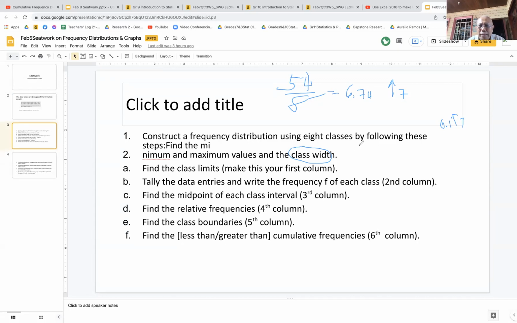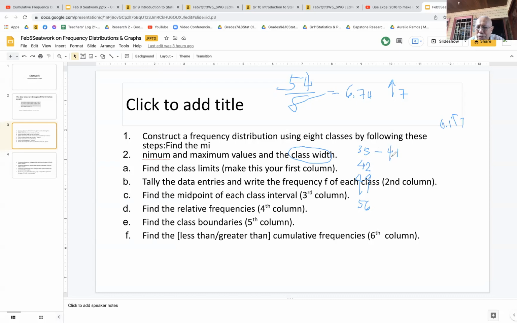You get here 35, and then plus 7, that will be 42, and plus 7, that will be 49. And plus 7, that will be 56, etc. And then the upper limit, you just go down for 1 unit from 42, you get 41.